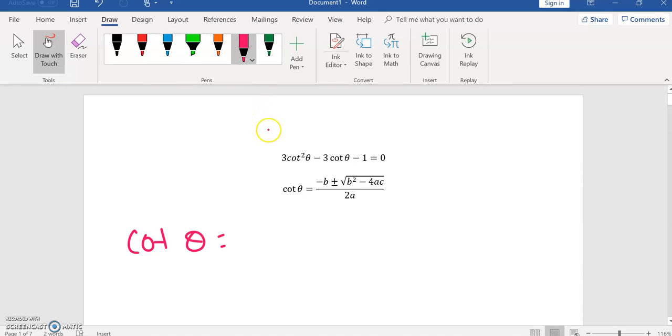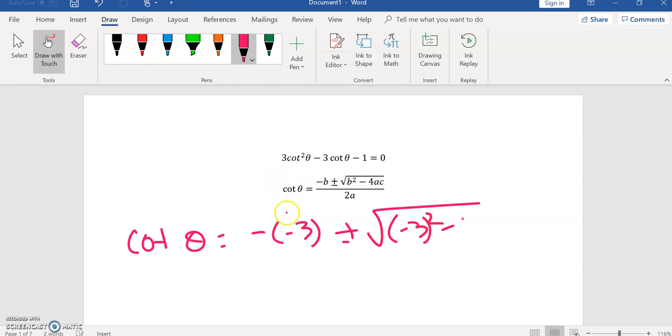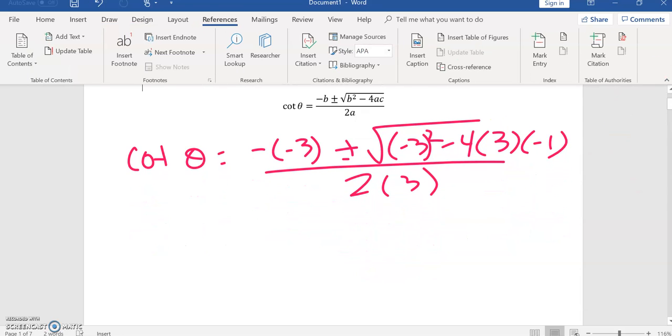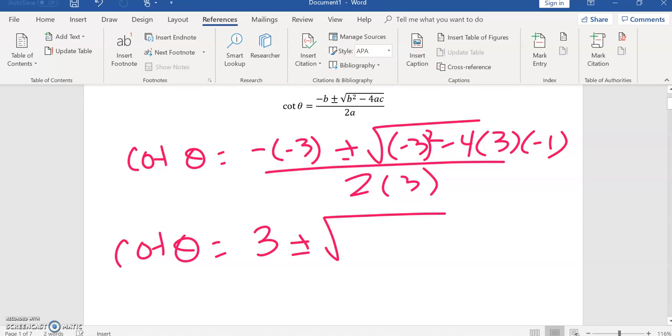So negative b, so negative 3, plus or minus the square root of negative 3 squared minus 4ac, over 2a. And then I am going to clean up, so I'm going to get 3 plus or minus the square root of 9 plus 12, over 6.